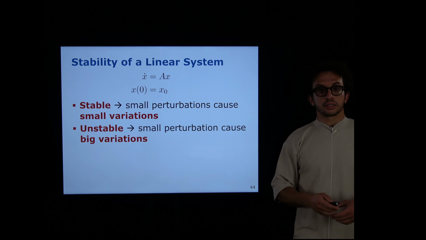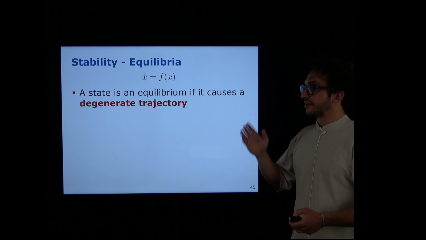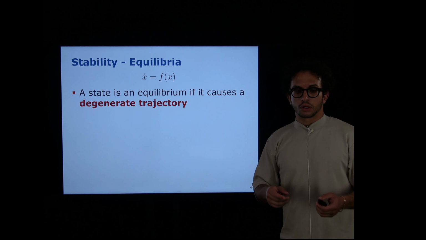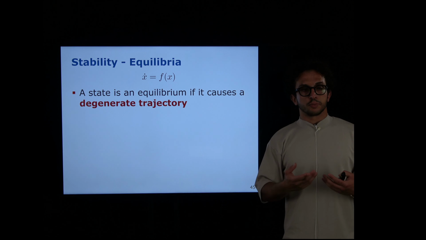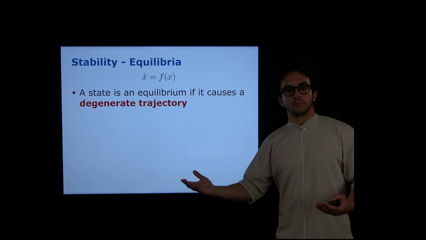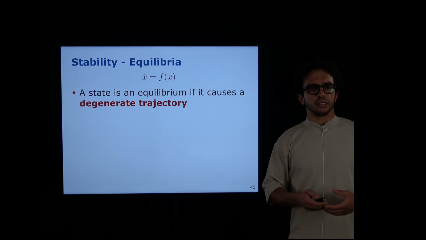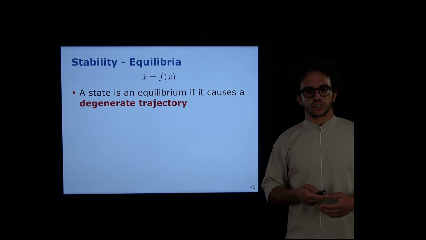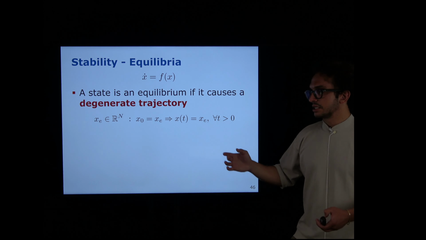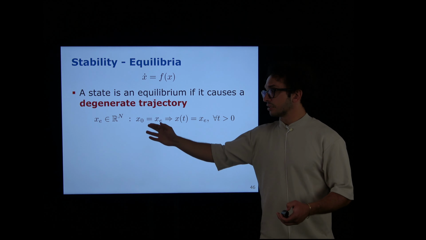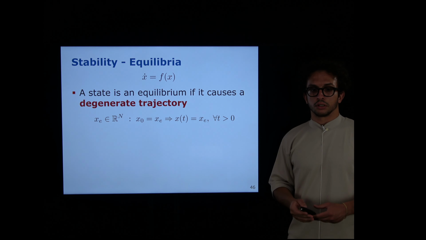To define this, we have to define an important concept, which is the concept of equilibria. A state is an equilibrium of a system if it causes a degenerate trajectory. What does it mean to cause a degenerate trajectory? Well, this is the equation that defines it, and basically it says that if we start from an equilibrium, the evolution stays in the equilibrium state.